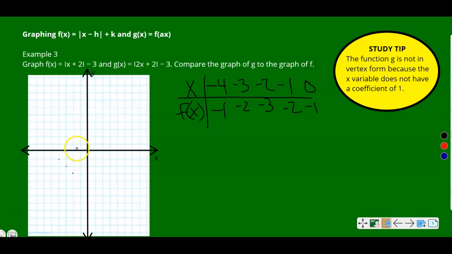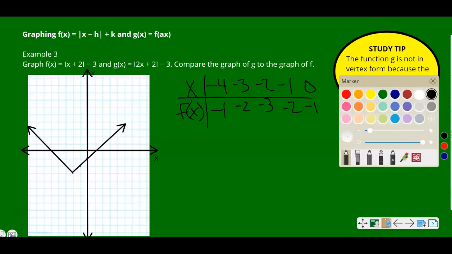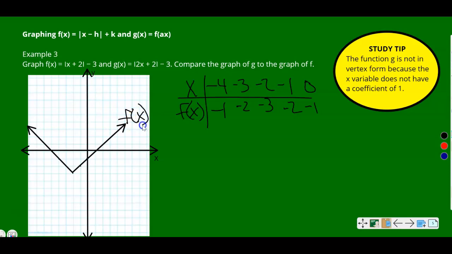We already have that point there. Negative 1, negative 2; 0, negative 1. All right, let's see if I can use my arrows here. That looks pretty good. That's a V-shaped graph that represents f of x.